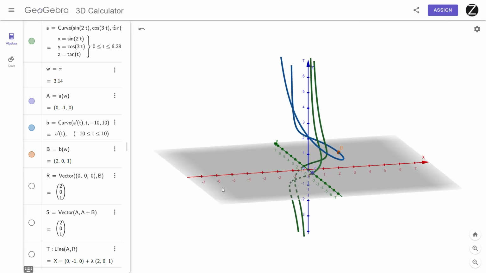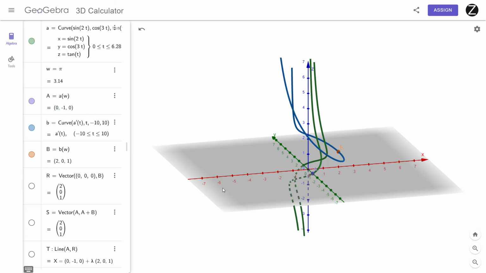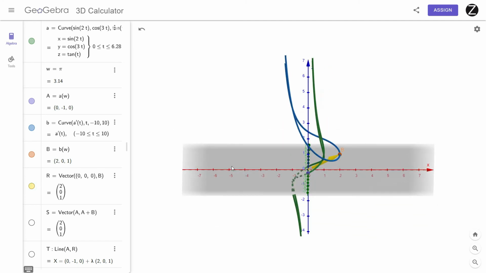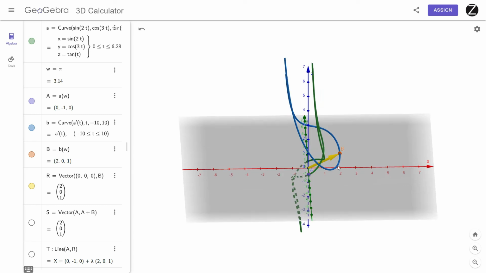Okay, yeah, I can see that better. So, let's figure this out like before. To show the slope, let's draw a vector starting from the origin and going to our point B. As you can see from this yellow arrow here, it's going 2 units to the right, or x, not going anywhere on the y-axis, so neither backward nor forward, and it's going 1 unit up on the z-axis.